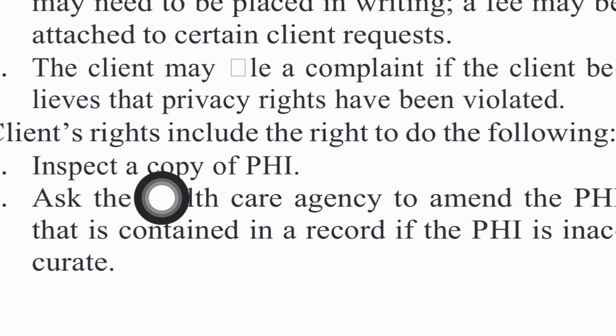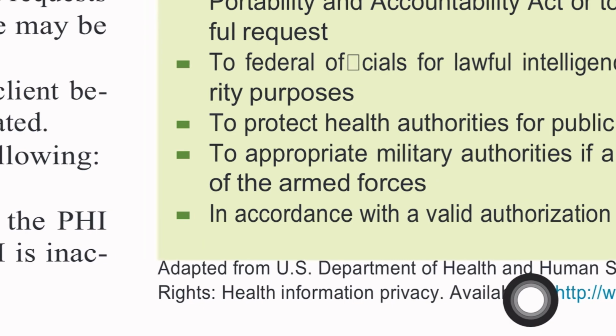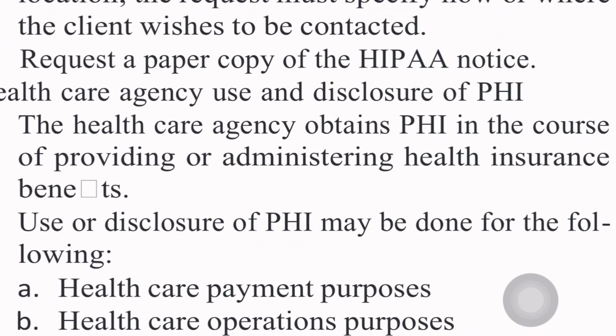Number 1, inspect a copy of PHI. Number 2, ask the healthcare agency to amend the PHI that is contained in a record if the PHI is inaccurate. So we are reading Health Insurance, chapter number 6.